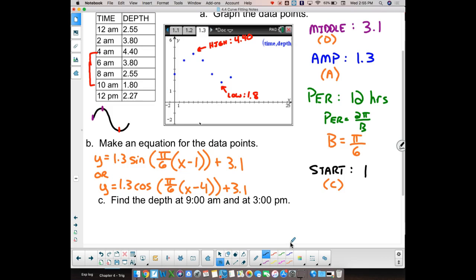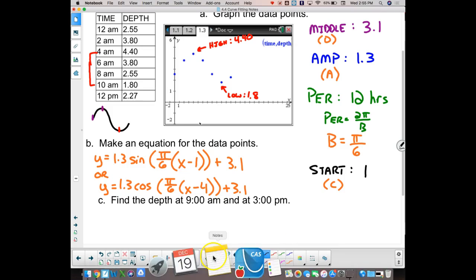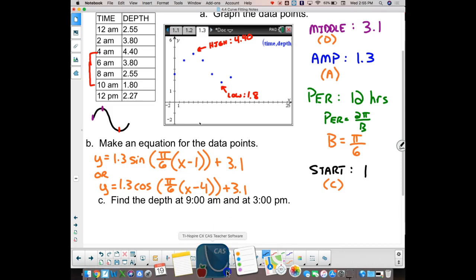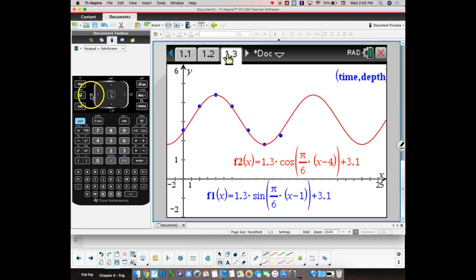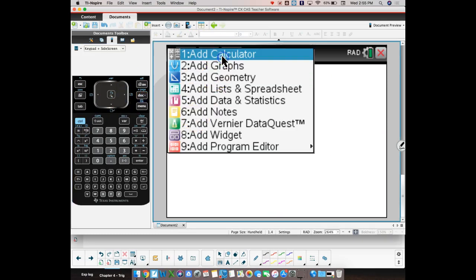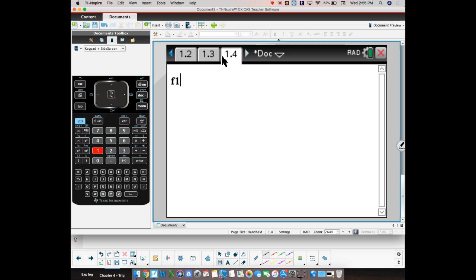So we could go here and say, I didn't start a calculator page. What is f sub 1 of 9?